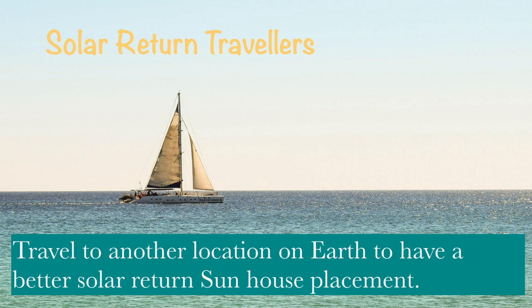So perhaps you would want to have a solar return sun either in the 1st house, where it's prominent for you, perhaps in the 10th house, where it will be prominent for your career, or even at a stretch in your 6th house, which is where work comes from.